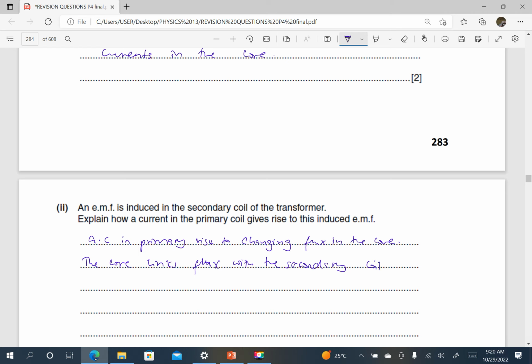And by Faraday's law, a changing flux induces an EMF in the secondary coil.